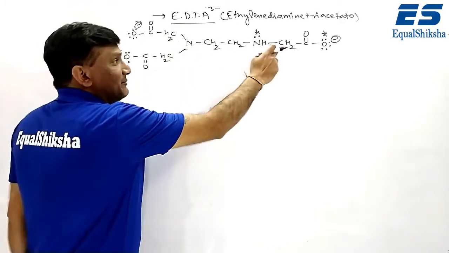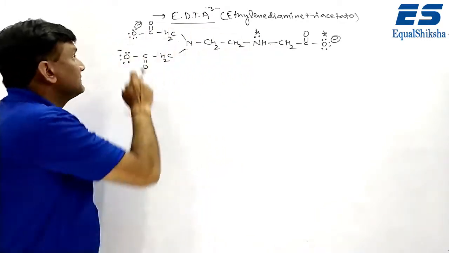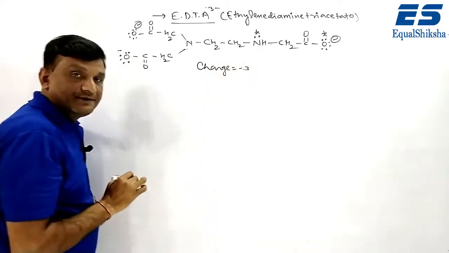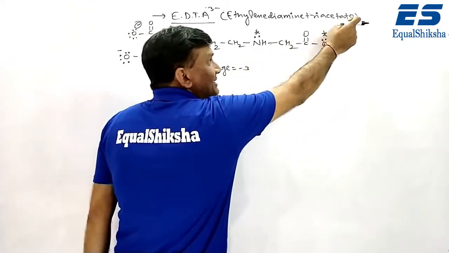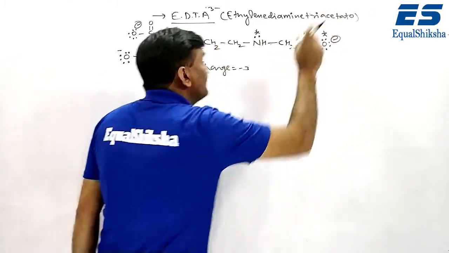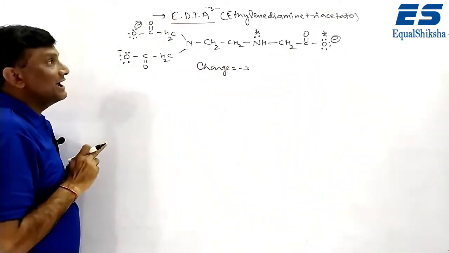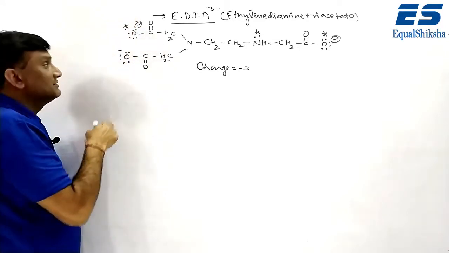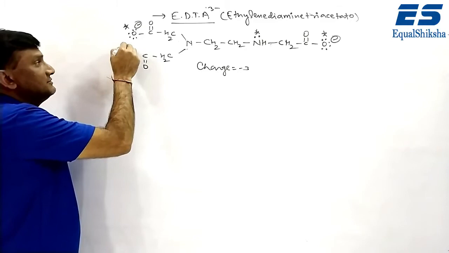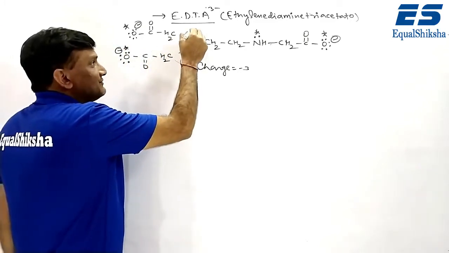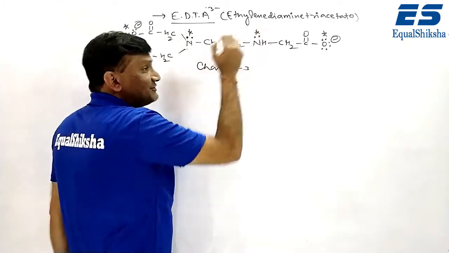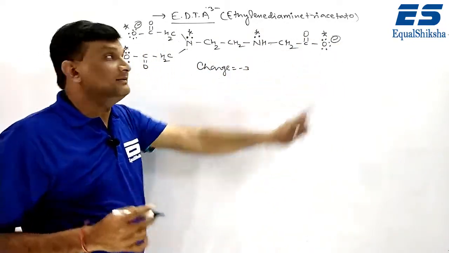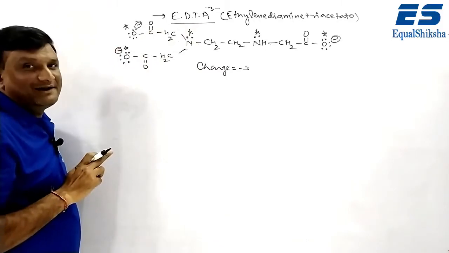Ethylenediamine triacetato carries a -3 charge. So we write it with suffix o. This is the structure of ethylenediamine triacetato. The donor atoms are this oxygen, this oxygen also, 2, nitrogen 3, another nitrogen 4, and another oxygen of acetato, 5 donor atoms. That's why it is a pentadentate ligand.